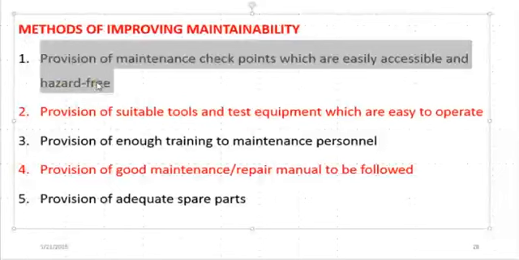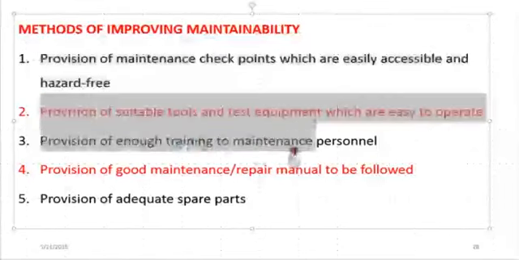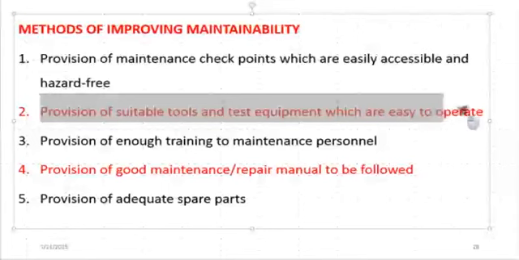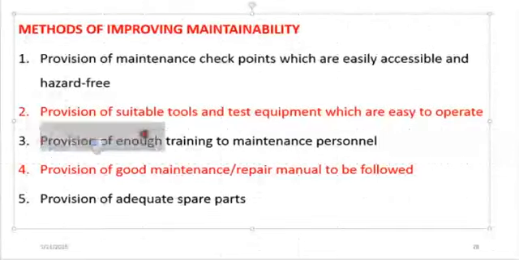It should not be a point that produces dangerous gases, or has sharp objects that can cut, or any other hazardous situation. Another way of improving the maintainability is providing suitable tools and test equipment. Yes, you cannot do anything if you don't have tools, if you don't have equipment to do that work successfully. Therefore, tools are very necessary.